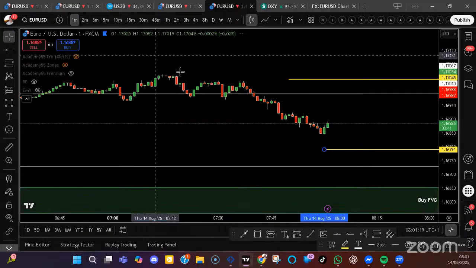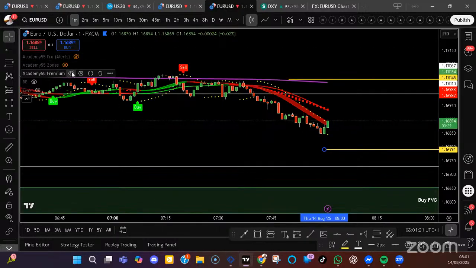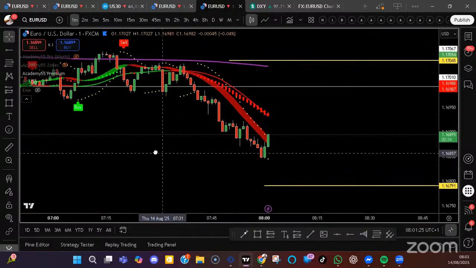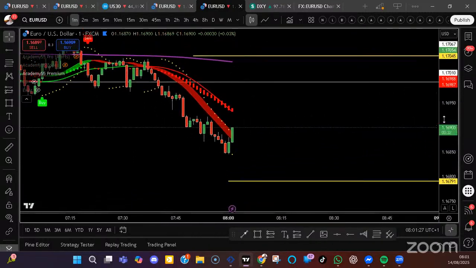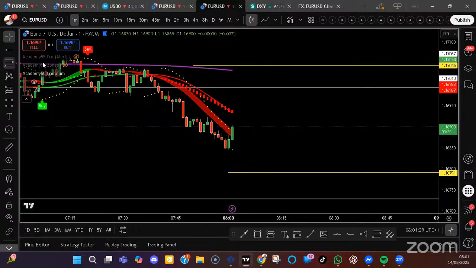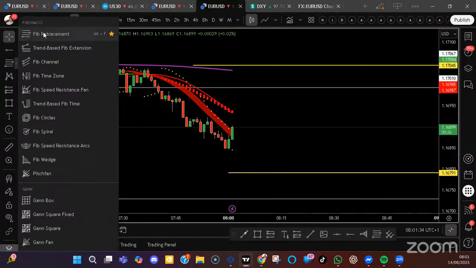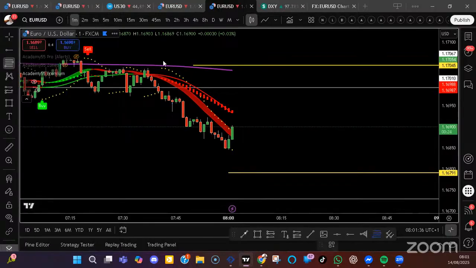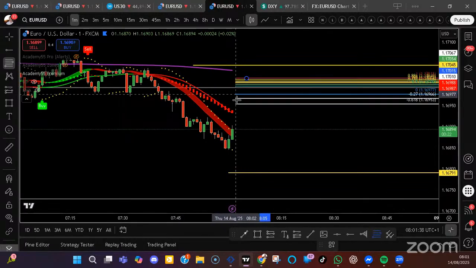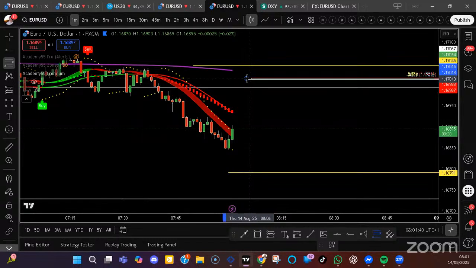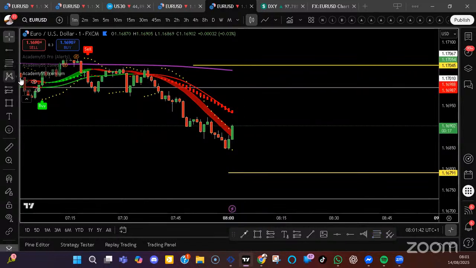So let's quickly go to the minute time frame, put our indicators on. And this is where we are. So we're looking for a scenario similar. Sorry, I'm choosing the wrong tools.